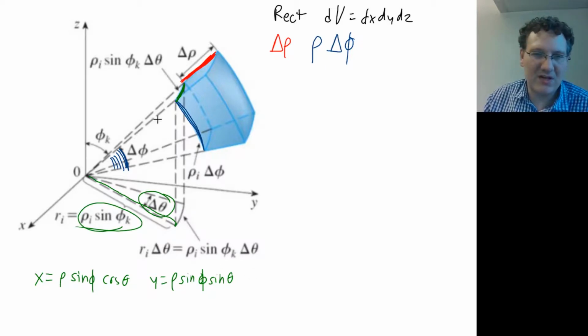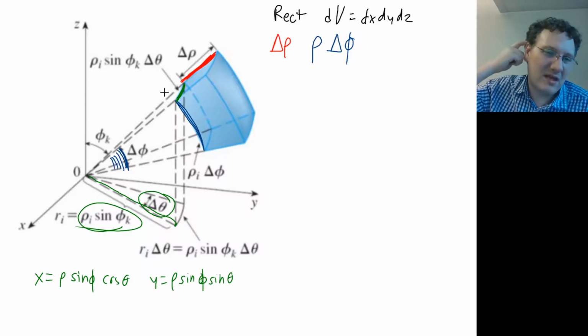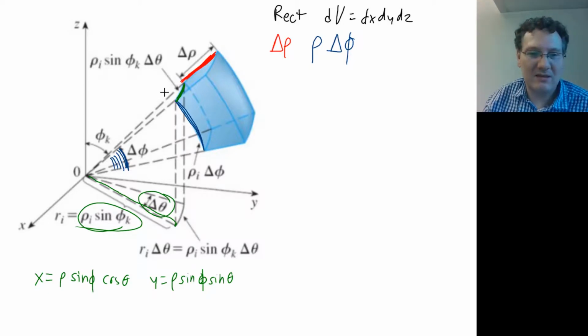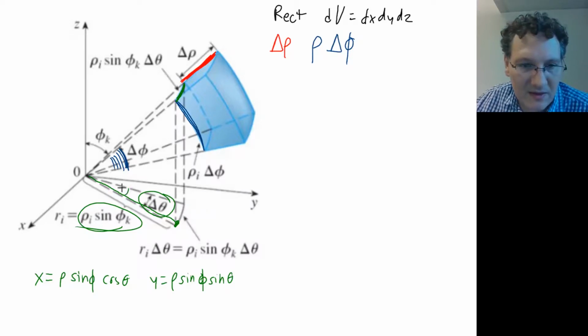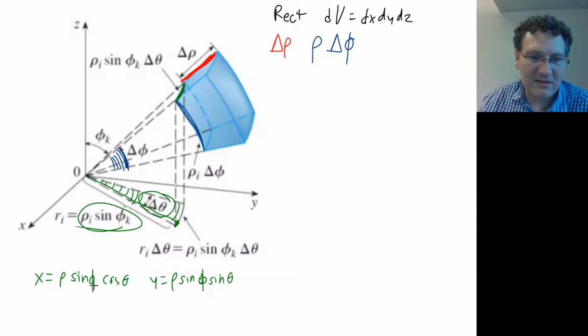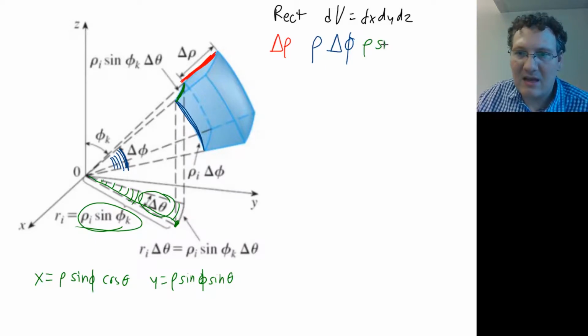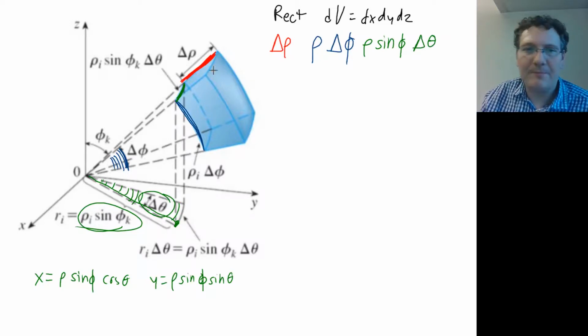So if you project the point straight down onto the xy plane, you're at a distance rho sine phi from the origin. So delta theta is scaled linearly with that length: rho sine phi, and then delta theta.